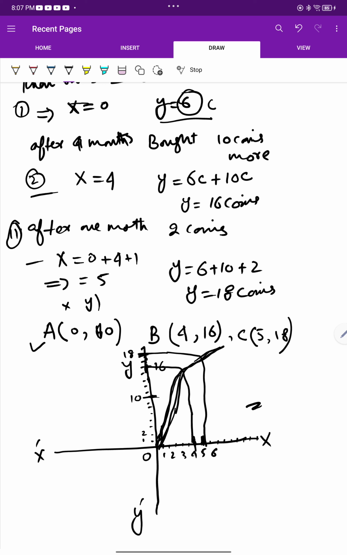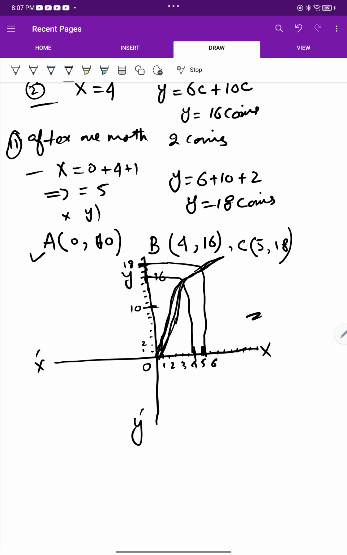So this is our graph, and it's calculus. It's a function. So in this example, y is equal to f of x.